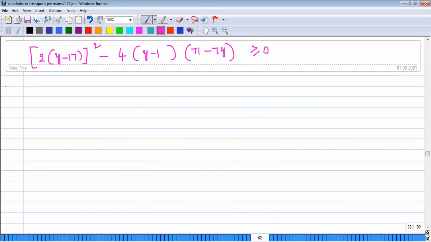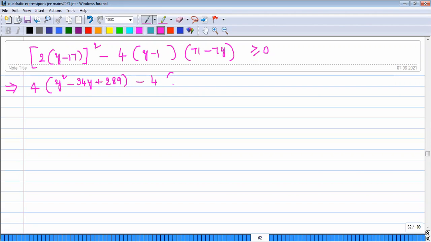Okay. So now here 2 square is 4. So 4 times y minus 17 whole square is in a minus b whole square form, so that we get y square minus 34y plus 289.